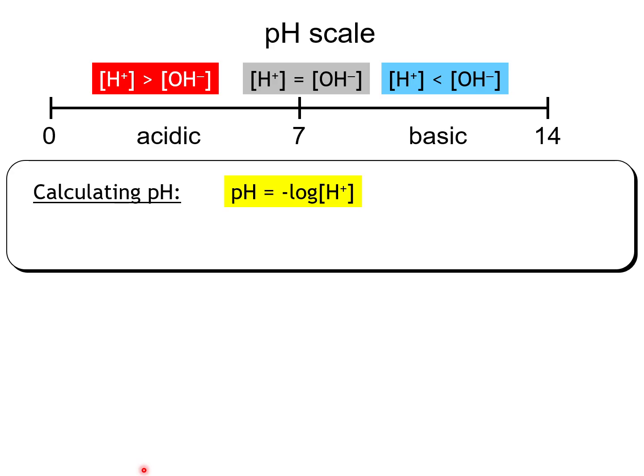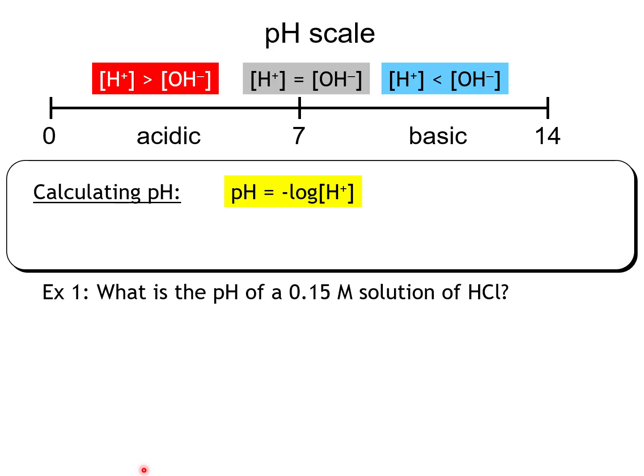There are a set of equations that are very handy for calculating pH. The first one is that pH is equal to negative log of the hydrogen ion concentration. So we're going to look at an example. What is the pH of a 0.15 molar solution of HCl? So we have HCl, which is going to break up into hydrogen ions and chloride ions.